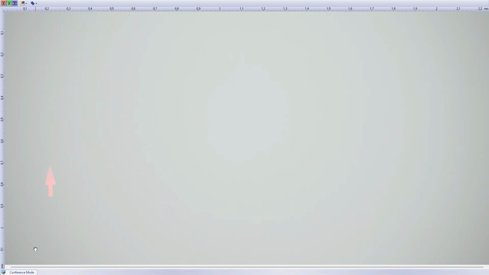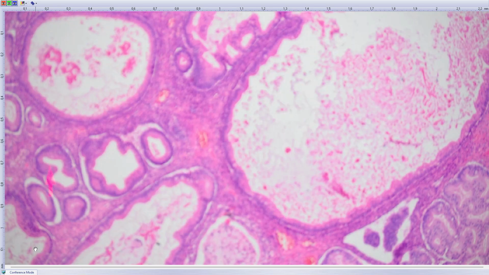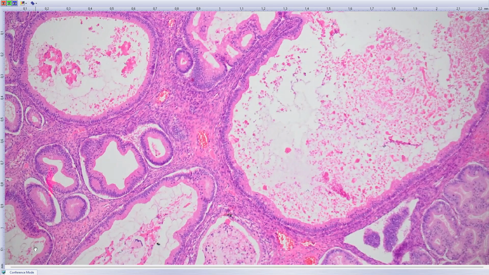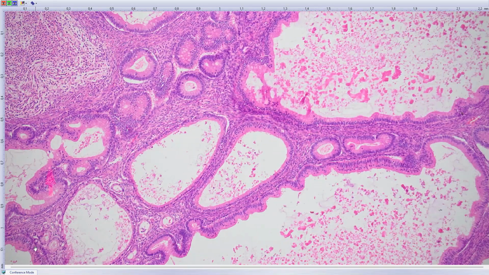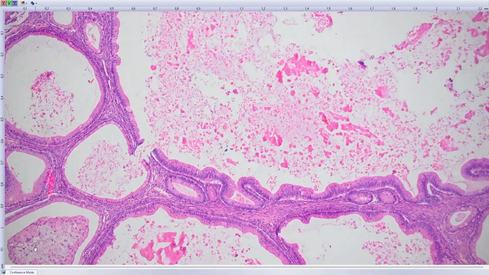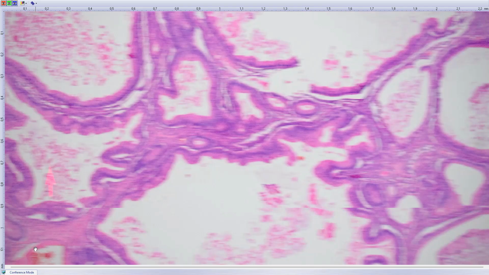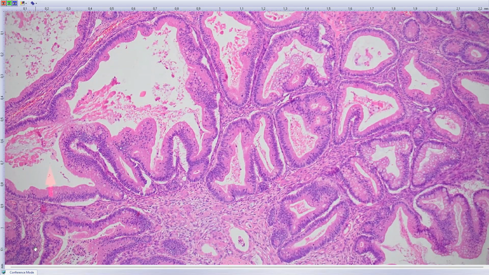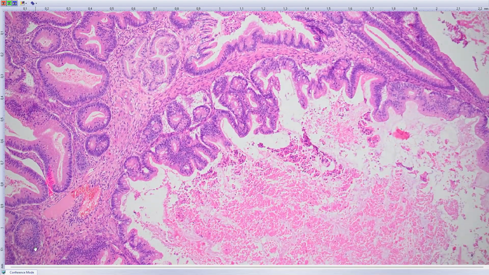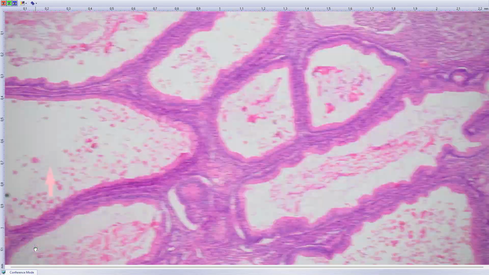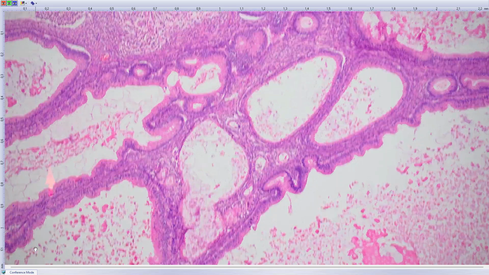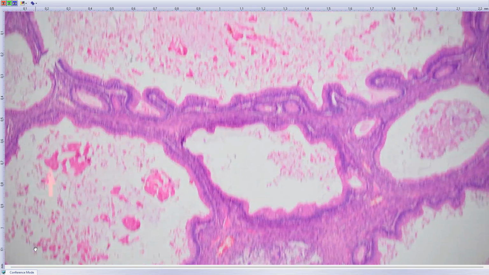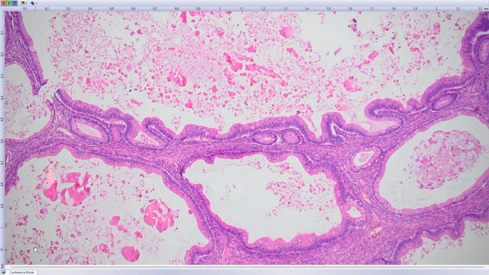Here I have an ovarian lesion, a beautiful ovary. Your first differential diagnosis would be what? Yeah, metastatic colorectal, but it is not. It was PAX8 negative and CDX2 negative.